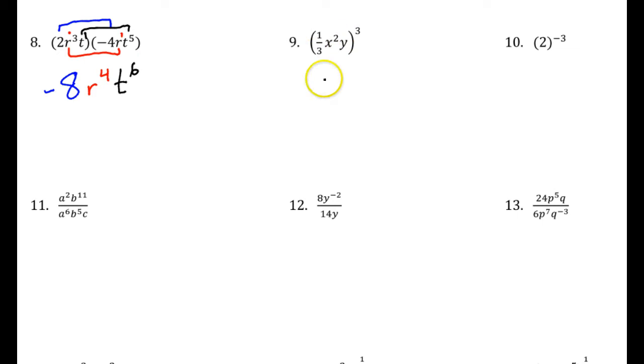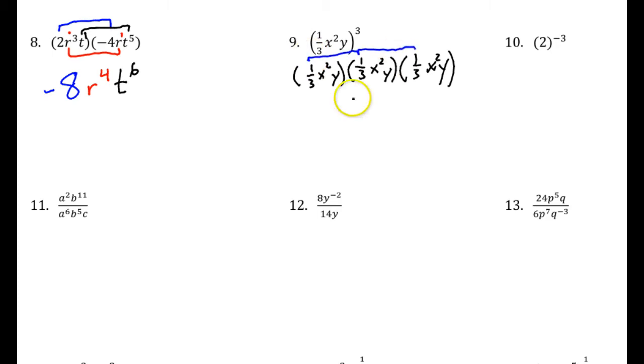Let's see here. 1/3 x squared y to the third power, all cubed. So that's the same as just writing this out 3 times, same thing as we did over here. 1/3 times 1/3 times 1/3 is 1 over 27. x squared times x squared times x squared: 2 plus 2 plus 2 is 6.